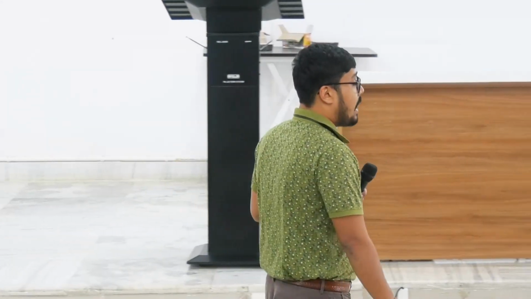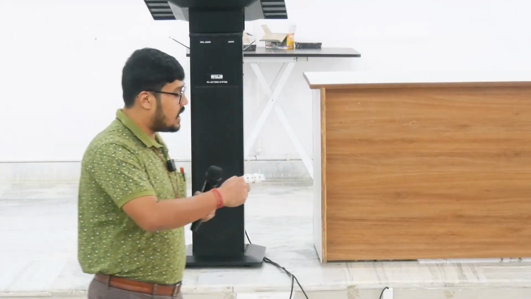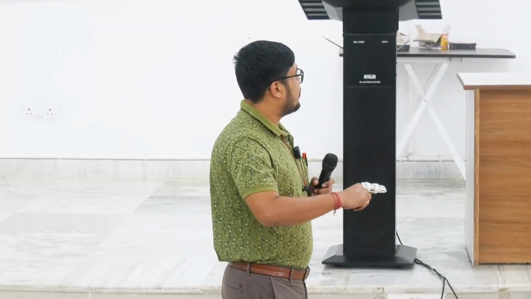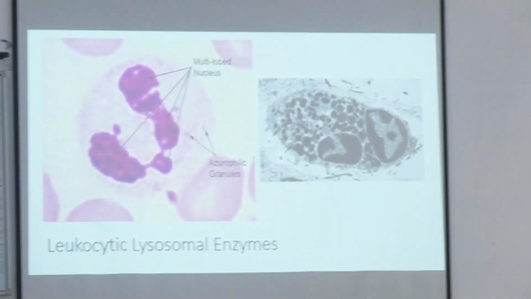Primary granules contain the most potent bactericidal enzymes, namely myeloperoxidase, lysozyme, etc. And the secondary granules also secrete various enzymes. So this is a neutrophil. Neutrophil has 3 to 5 lobes.